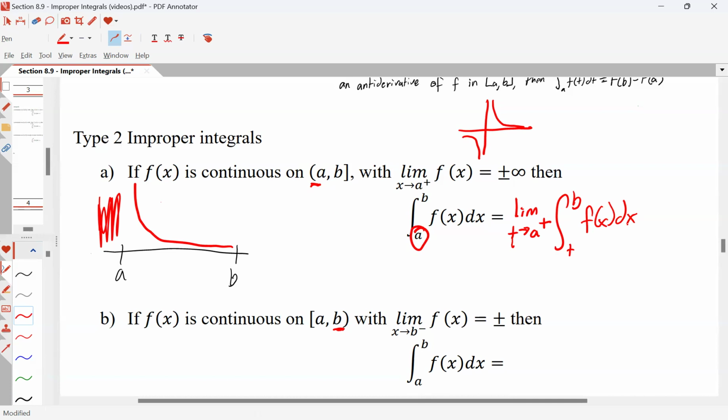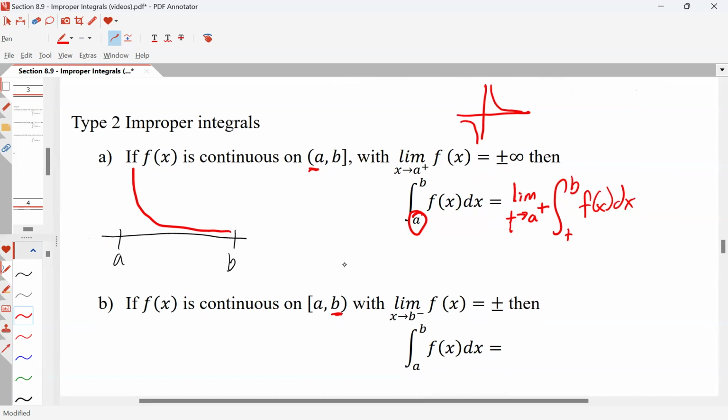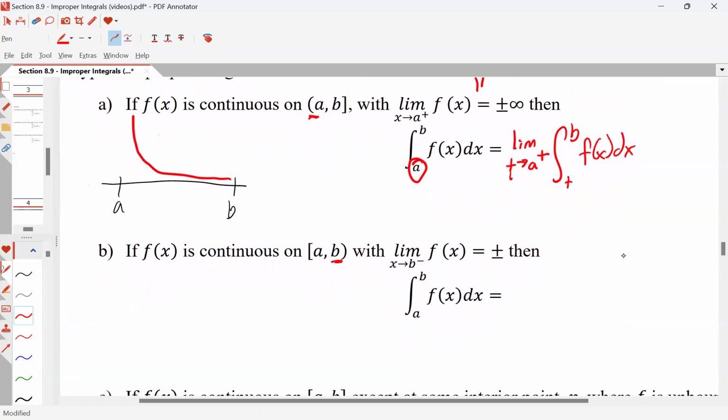When our problem is on the right-hand side, and it's our upper bound that's a problem, we're going to turn that upper bound into a limit by looking at t going to the upper bound from the left-hand side.